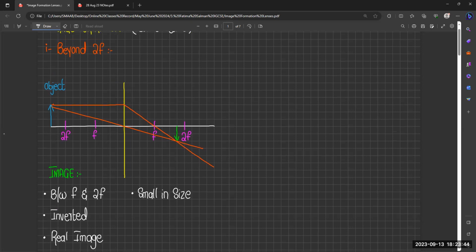And if we consider the second situation, and you have to memorize all these cases, I will also give you the short form of how to memorize these cases.